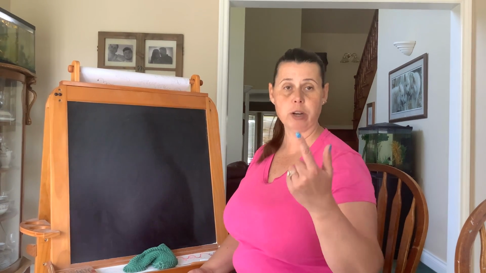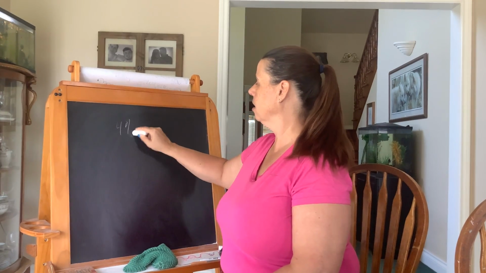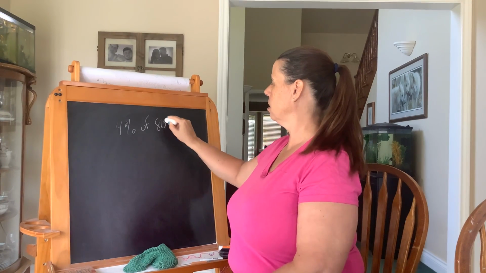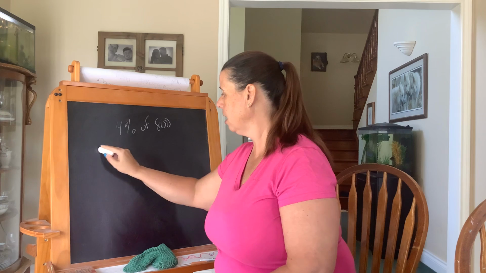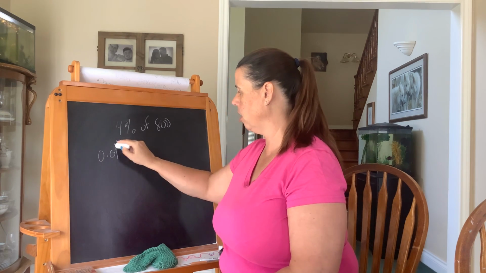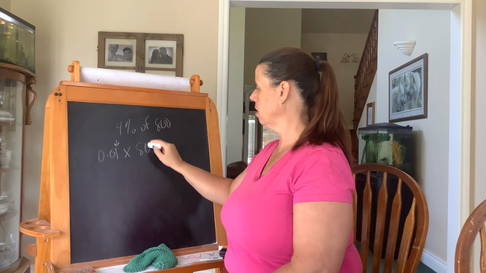All right, number 7, use the method in question 6. So we are doing exactly the same thing that we just did. We're gonna find 1% and then we're gonna change it to 4%. Okay, so we need 4% of 800. Okay, so let's find 1% of 800. 1% is 0.01, 1/100 of times 800.